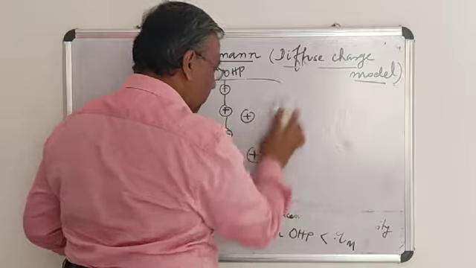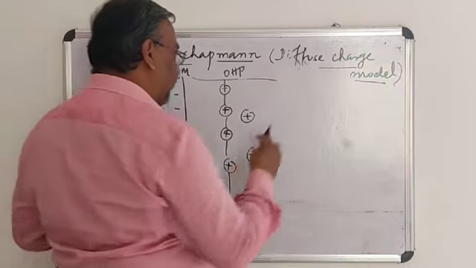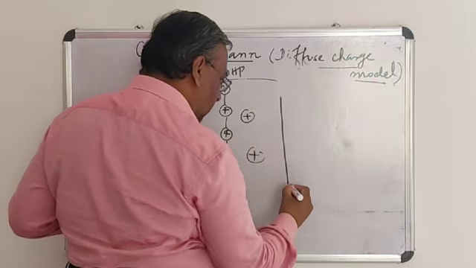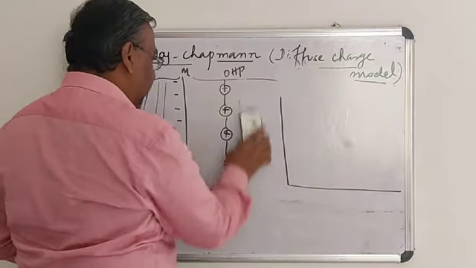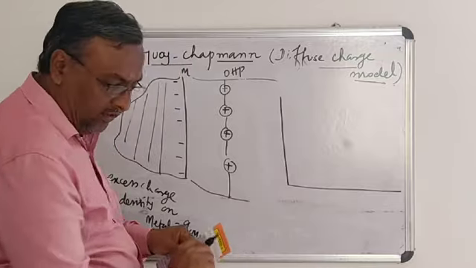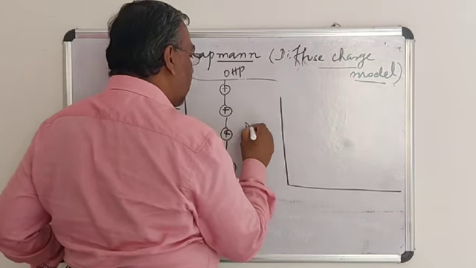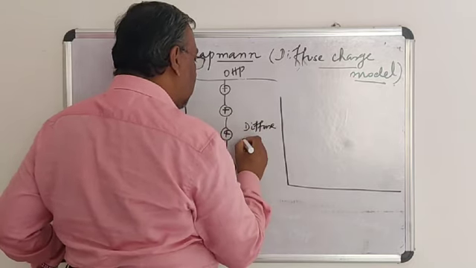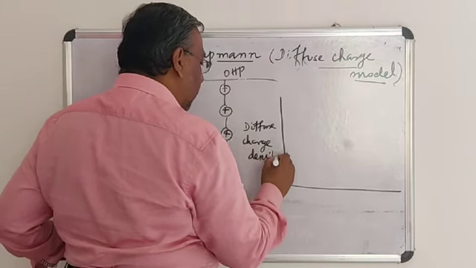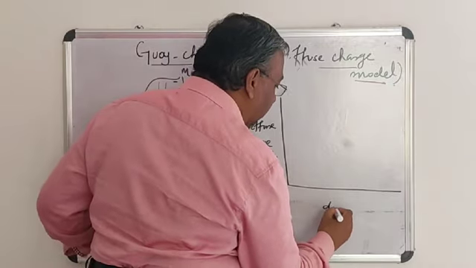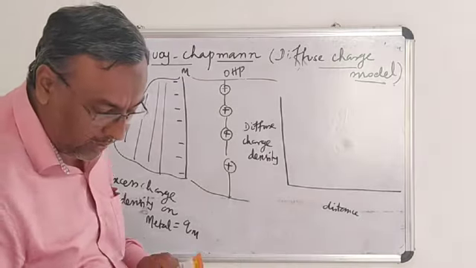See, when the excess charge density or diffused charge density over the electrolyte is plotted against distance, that is distance from the electrode, okay, what happens?